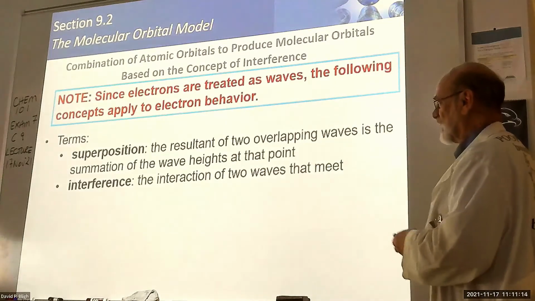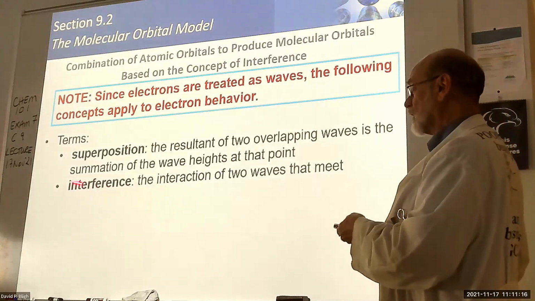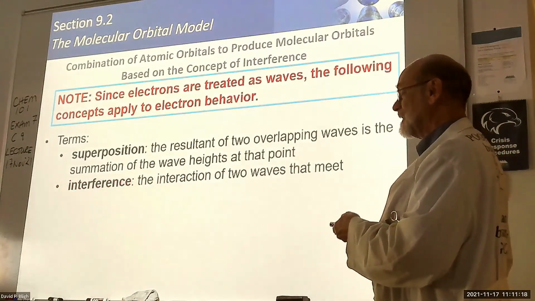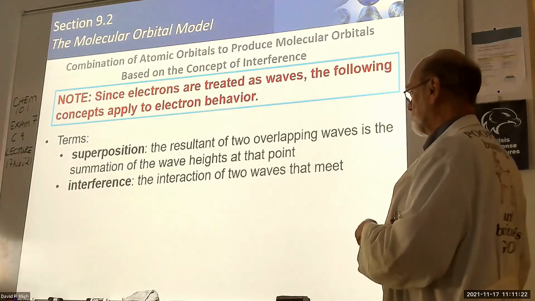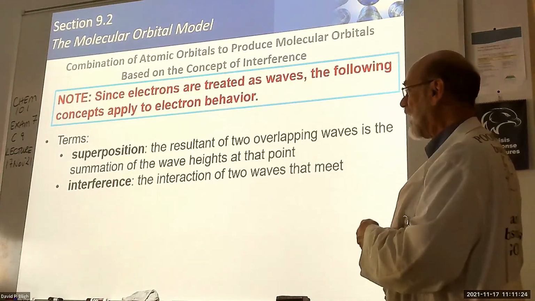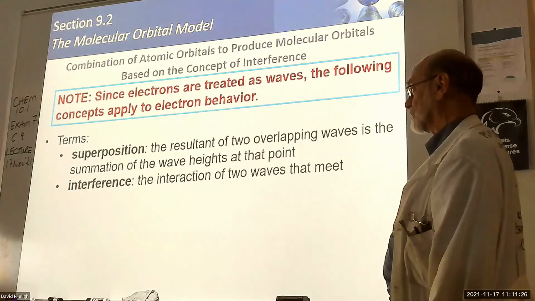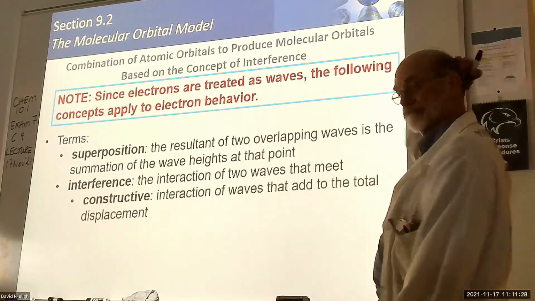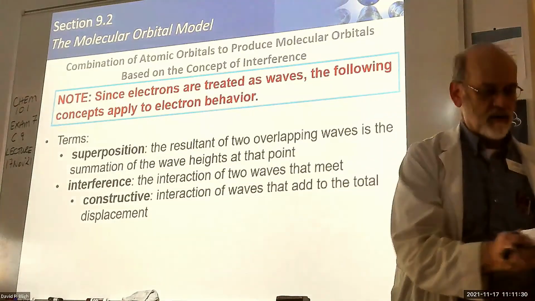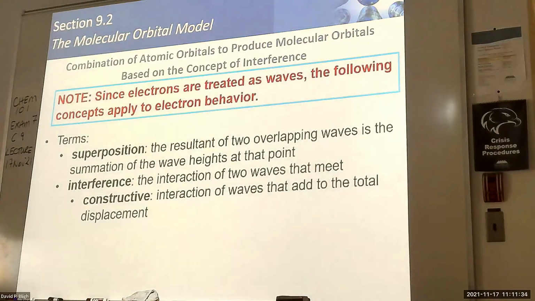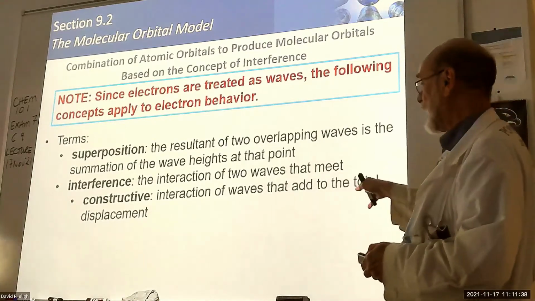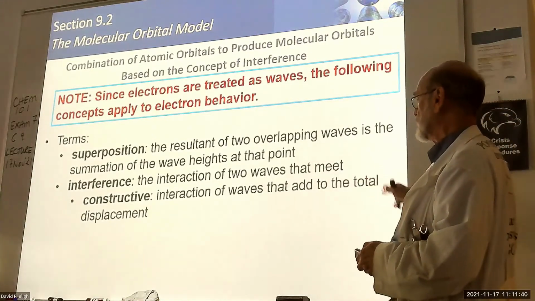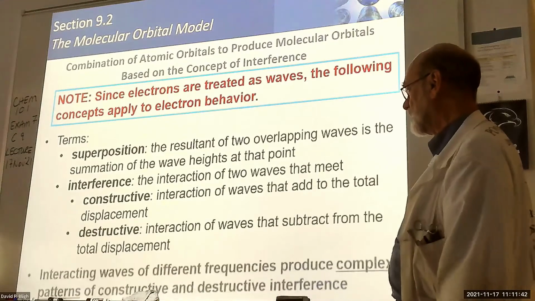And then we described interference already. Interference is not necessarily negative. It can be positive or negative. It just describes how the waves interact with one another. And we saw examples of constructive interference and destructive interference.